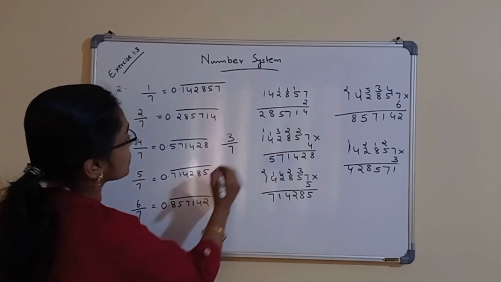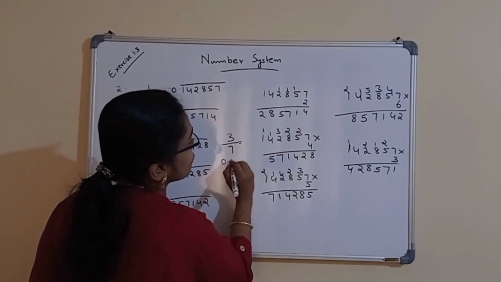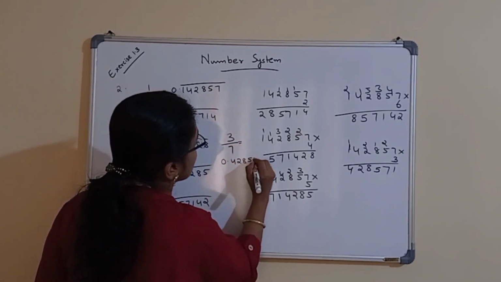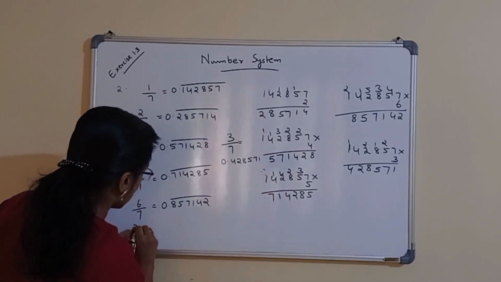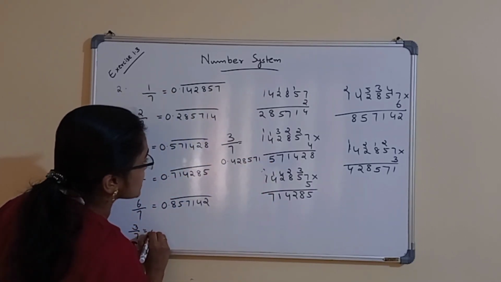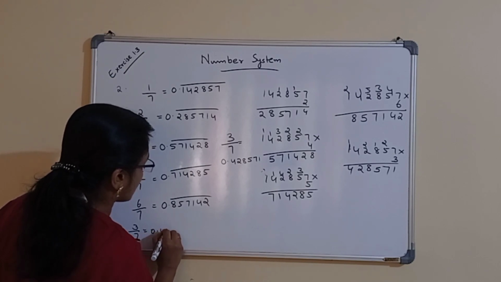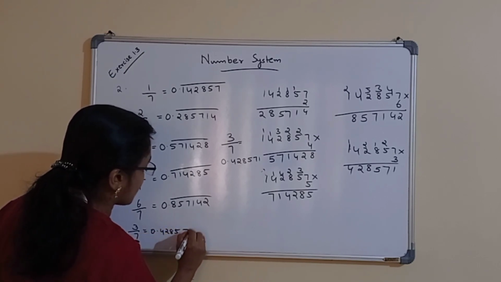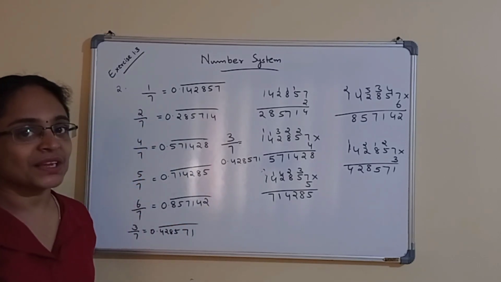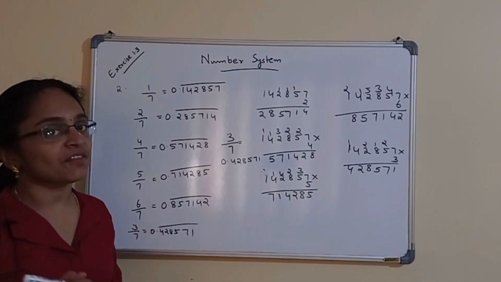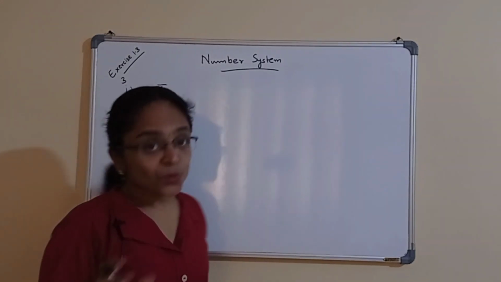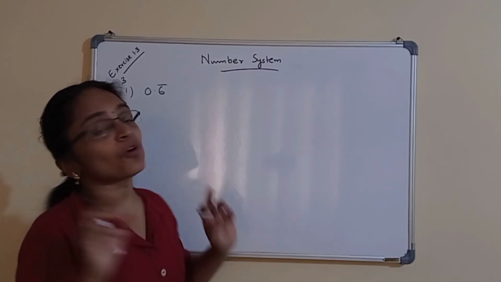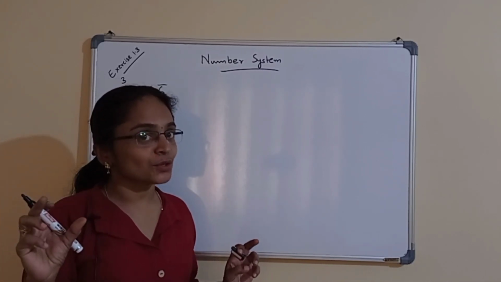So this is equal to 0.428571. So we can write 3 by 7 is equal to 0.428571 and this will repeat. 428571 will repeat.